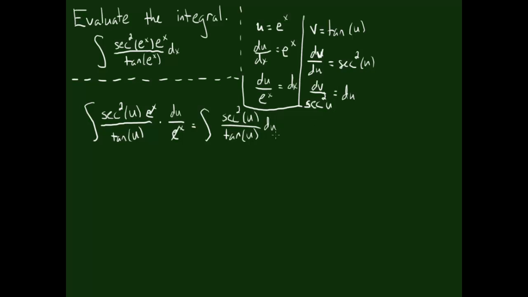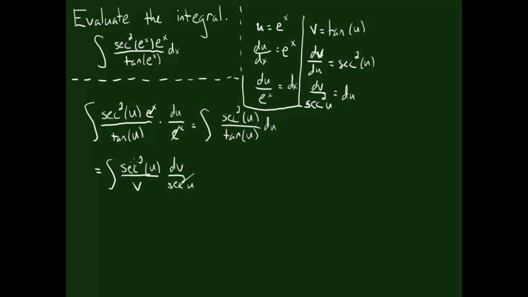And we'll go ahead and make those substitutions here. So we make the substitutions. The secant squared, we'll just leave it right here. We are content that it's going to be taken care of by the replacement of du here. And tangent of u is just going to turn into v, and this is going to end up being dv divided by secant squared of u.